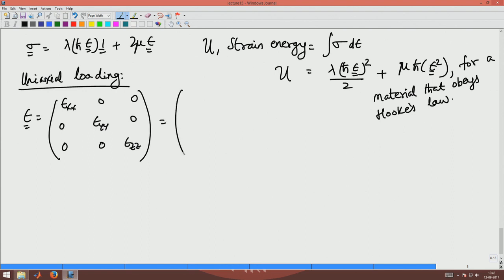From Hooke's law, from what we did define Young's modulus as, this will be epsilon axial 0 0, 0 minus nu times epsilon axial 0, 0 0 minus nu times epsilon axial, from our definition of the Poisson's ratio. Okay. This is Poisson's ratio.